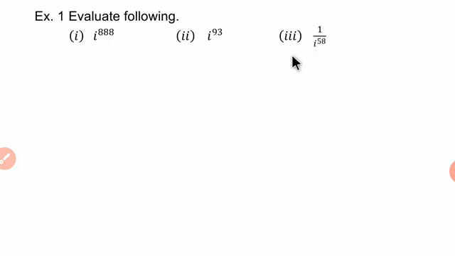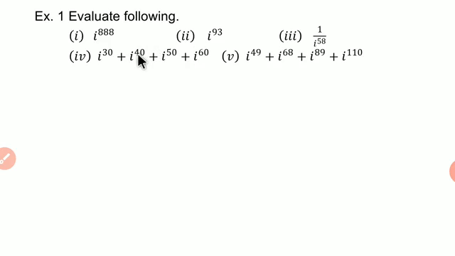Third, i raised to 58, 1 upon i raised to 58. Fourth, i raised to 30 plus i raised to 40 plus i raised to 50 plus i raised to 60. And fifth example is i raised to 49 plus i raised to 68 plus i raised to 89 plus i raised to 110.